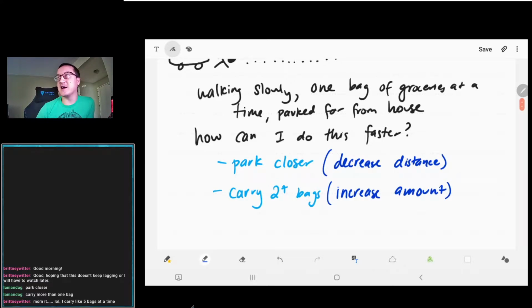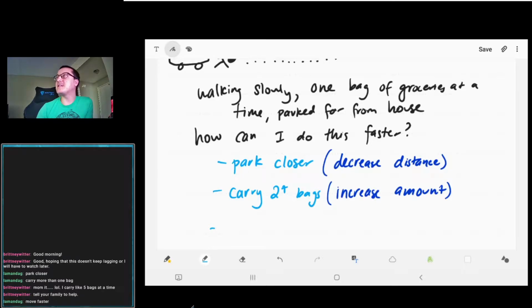Carry 5 bags at a time. Absolutely. One more way that we can get this to go a little faster. Recruit other people. That would work, but I wanted Lamonda's answer. So simply move faster. Instead of just ambling along, I could run with my 5 bags and my closely parked car. I would get it over in no time.